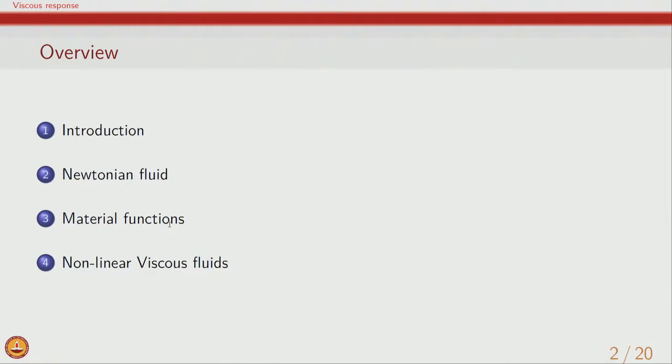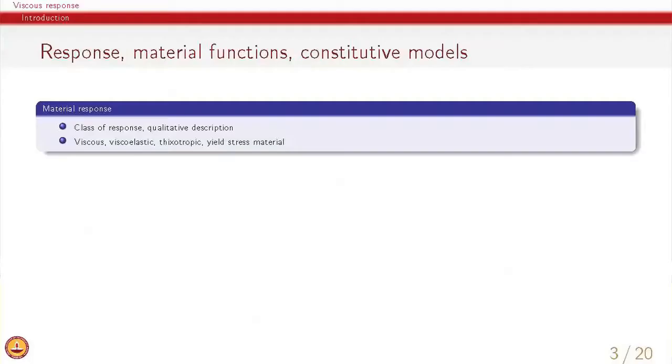How we will do this is, initially we will look at some of the introductory concepts and then quickly review the Newtonian fluid, which is the most common viscous fluid that we know, and to quantify the viscous response of complex materials, we will define some material functions, and finally we will end up discussing nonlinear viscous fluid response by looking at some of the mechanisms which lead to the nonlinear viscous response, as well as some of the models which are useful in describing the viscous response.